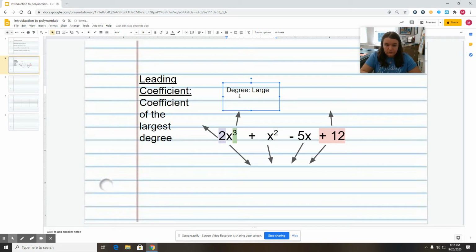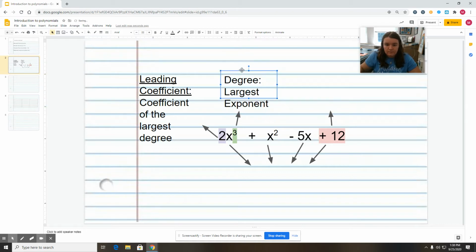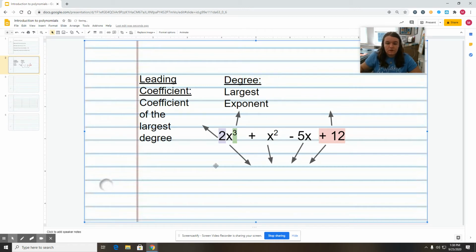So whatever the degree is, that's our largest exponent. I'll make this bigger. So degree is our largest exponent. So find your largest exponent, and then the number that's in front of that variable, that is your leading coefficient.